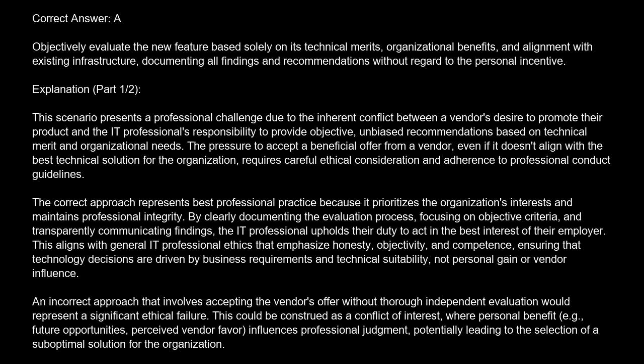By clearly documenting the evaluation process, focusing on objective criteria, and transparently communicating findings, the IT professional upholds their duty to act in the best interest of their employer. This aligns with general IT professional ethics that emphasize honesty, objectivity, and competence, ensuring that technology decisions are driven by business requirements and technical suitability, not personal gain or vendor influence.